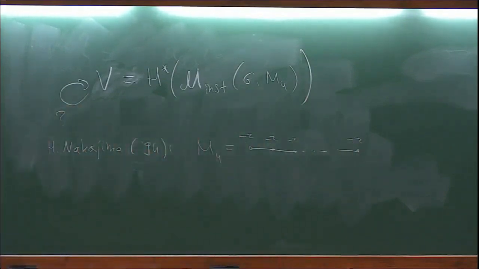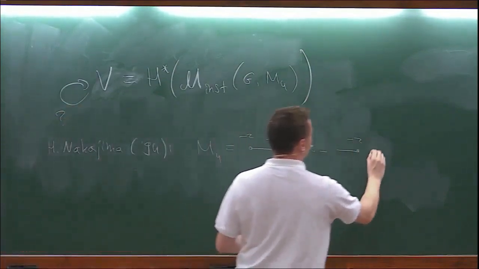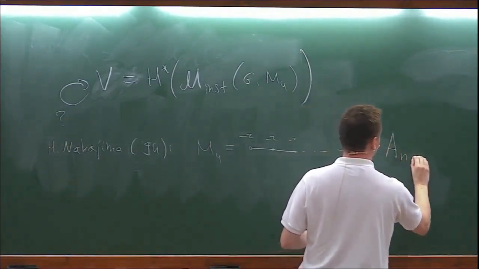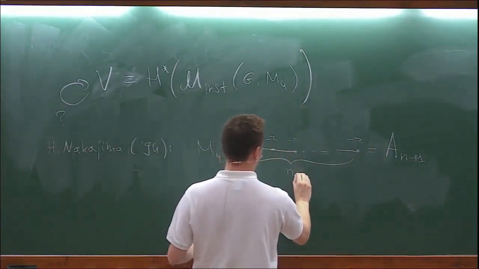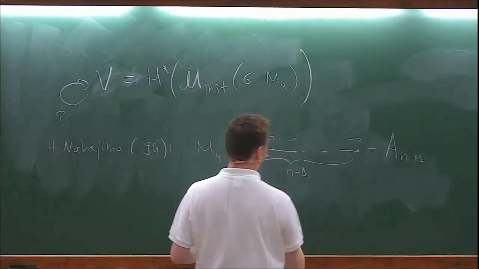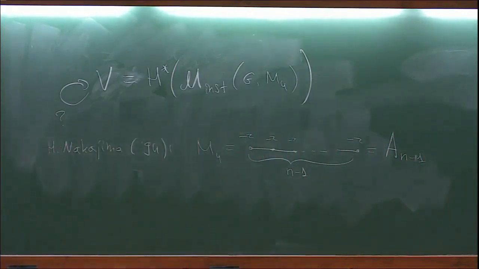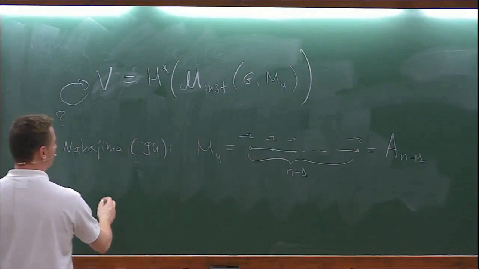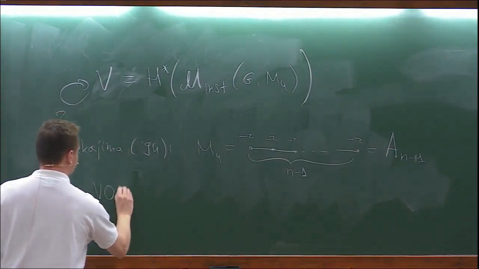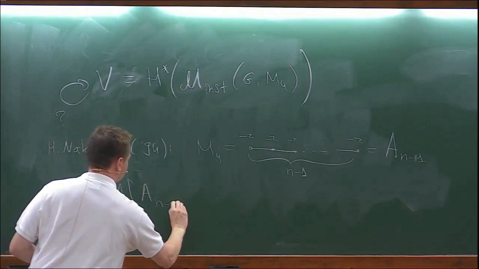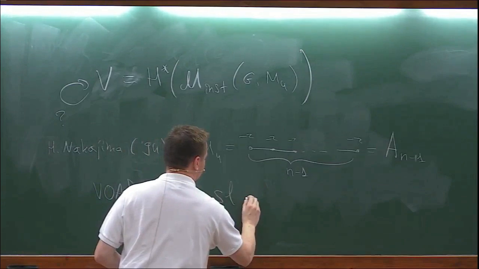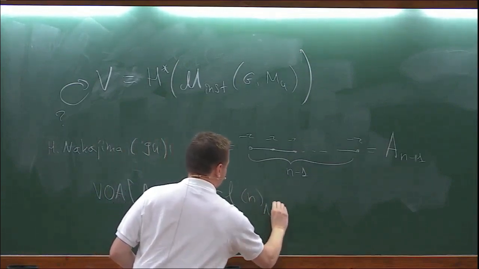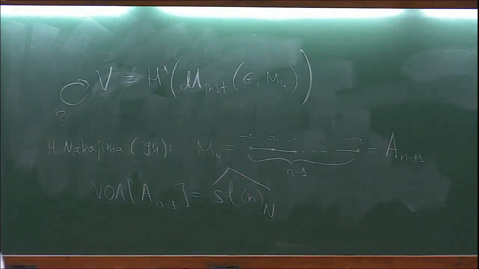Such a manifold is sometimes called A sub n minus 1 if there are, let's see, n minus 1 vertices. And then the corresponding answer was that in this case, VOA of this manifold A sub n minus 1 is actually a Poincare algebra of type SL little n at level capital N.